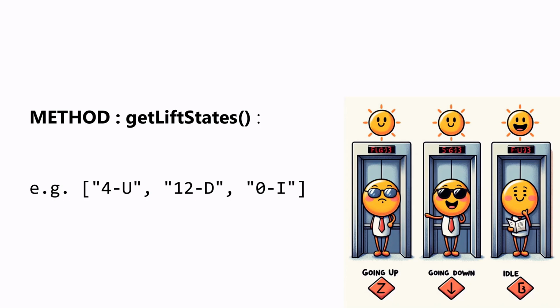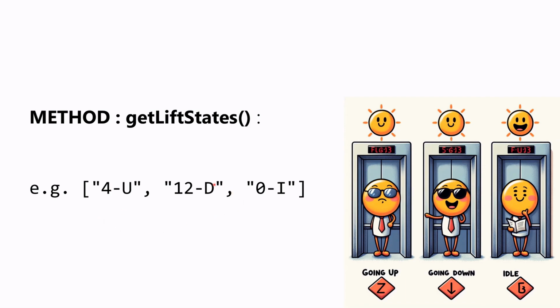Next method in class solution is get lift states. It returns a string array, and a lift state is made up of two things. The first is the floor where the lift is, and the second is the move direction of the lift. So element 0 of lift states is 4u, so lift 0 is at floor 4 and is moving up.